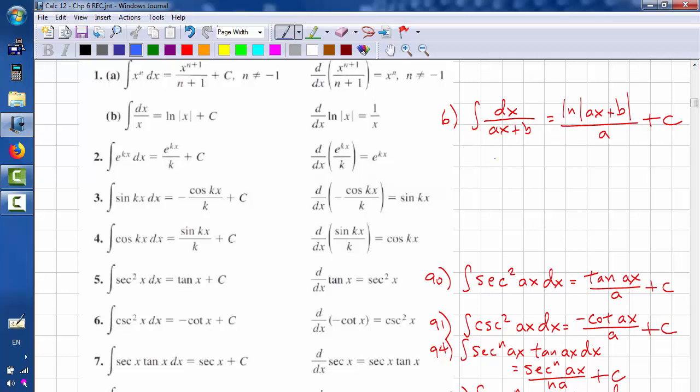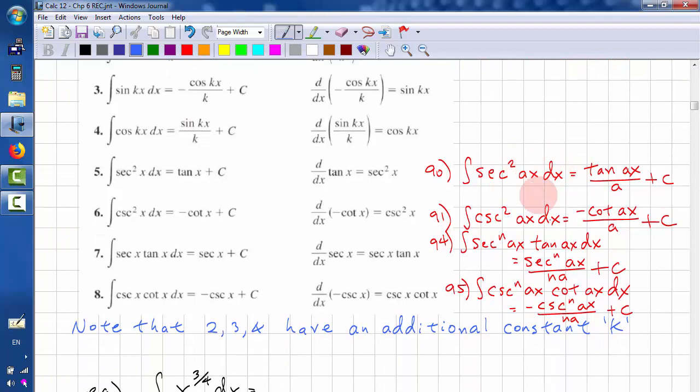If you look at the appendix section of your book, you'll see some more antiderivatives. Number 6, the integral of 1 over ax plus b, is ln absolute value of ax plus b all over a, plus c.